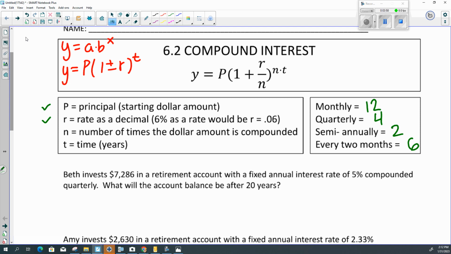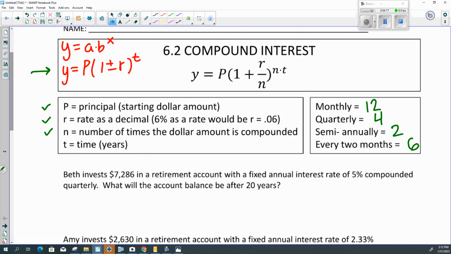This is very similar to what we were doing before. They usually call that increase or decrease by a percentage, and we're having to convert back and forth between decimals and percents. So I will leave this on the board. Make sure you're really memorizing how to go from one to the other.